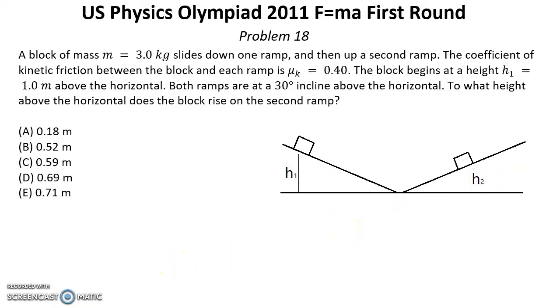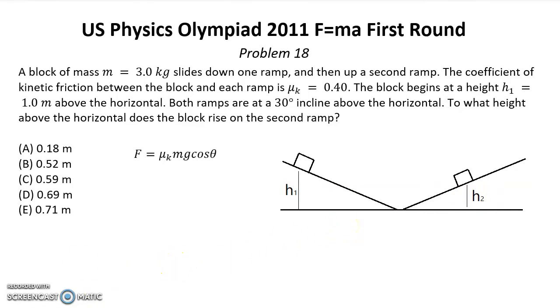So force of friction as usual equals mu multiplied by mg cosine theta, where mg cosine theta is the normal force. And now we can write a full equation for our problem.